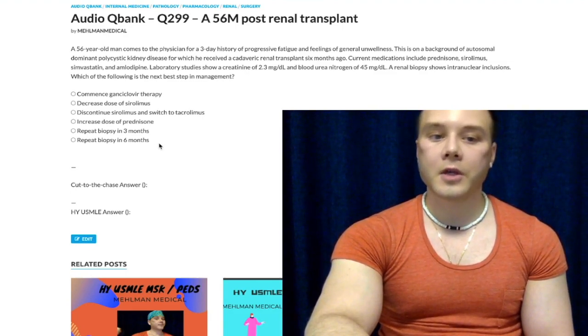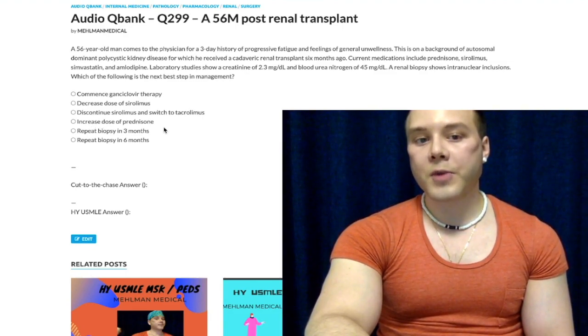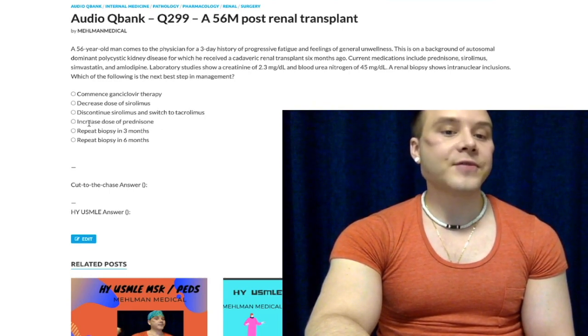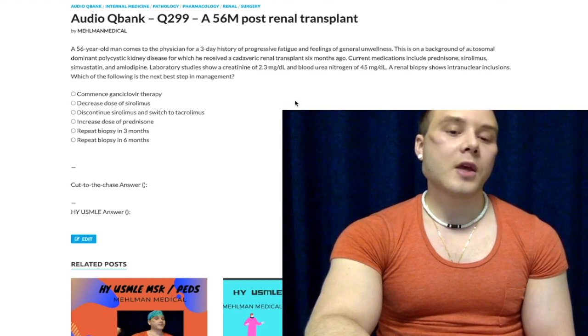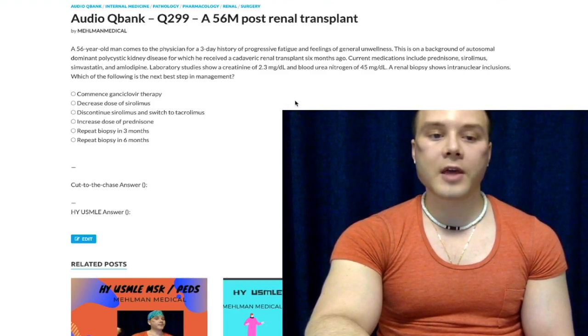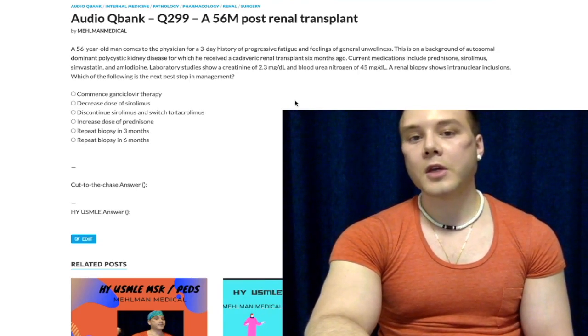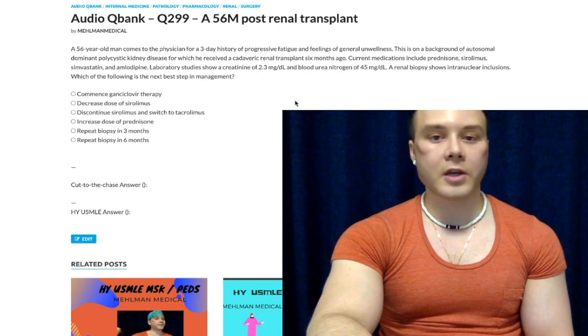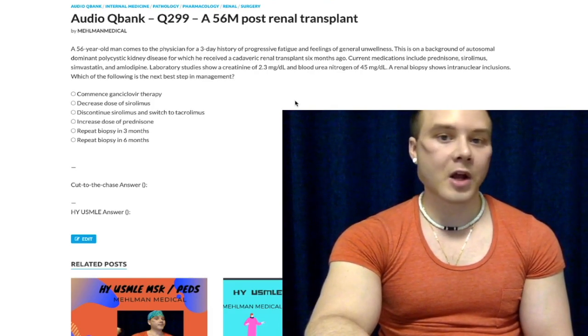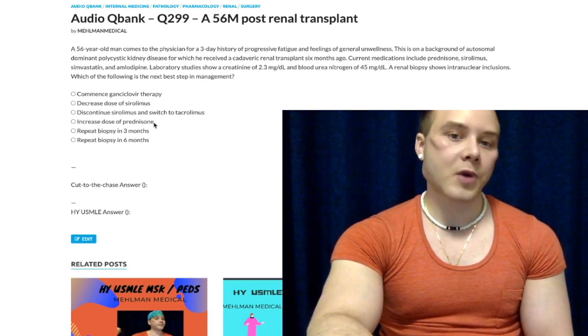Not correct. Choice D, increased dose of prednisone, wrong answer. However, this is really important. I have seen this as a correct answer in a Step 2 CK question where it was like a 1 or 2 liner. They basically just said, guy received a renal transplant 6 months ago. He's on prednisone. His renal function is worsening. Next best step in management pharmacologically, answer was just increased dose of prednisone.